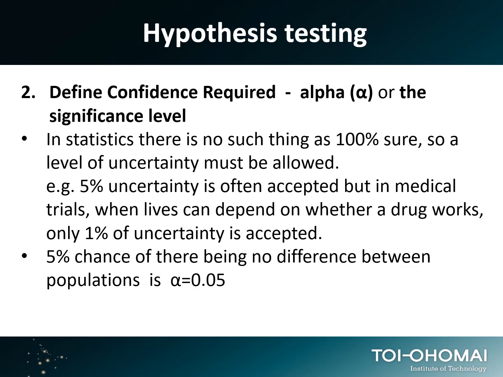So that was writing our hypotheses, and now we're going to decide what confidence level to require. The reason that we do this is because we can never be 100% sure. So we allow for a little uncertainty, and it will say that if we're 5% uncertain, we'll say that there's probably, and a pretty strong probability, that there's a difference in the means of the groups.